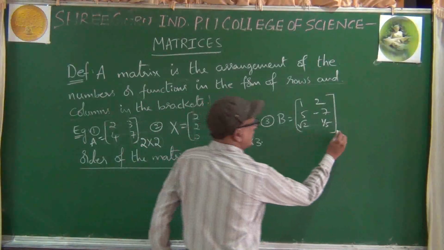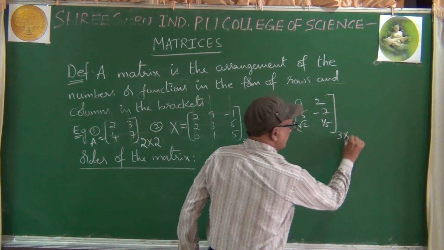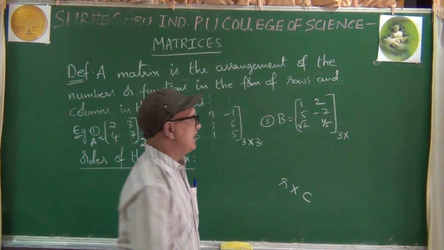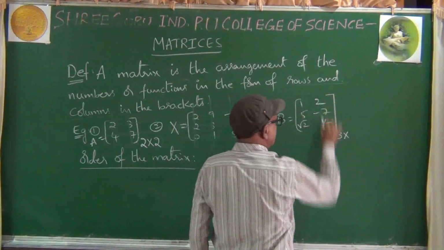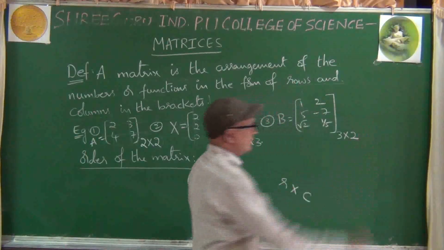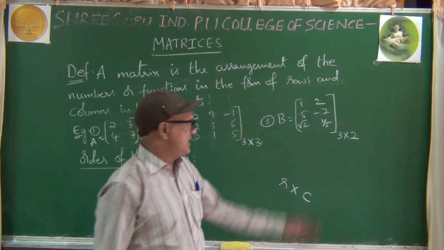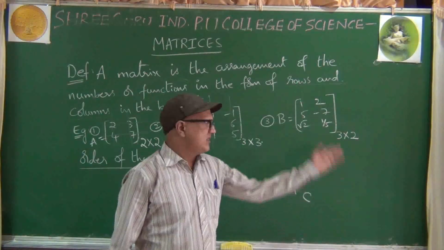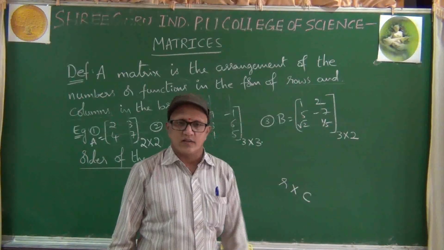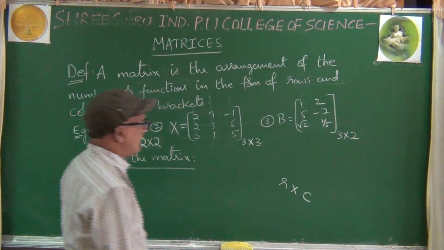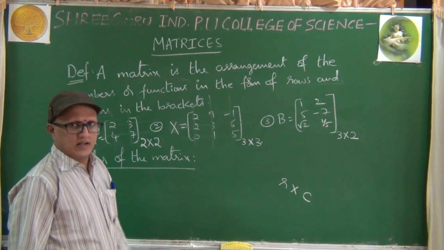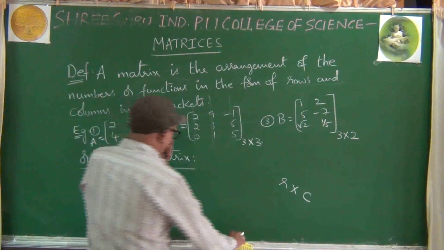Where to write the order? Here, 3 by. How many columns are there? First column, second column. It is a 3 by 2 matrix. Why? Because 3 rows are there, 2 columns are there. This is the way of finding the order of the matrix.